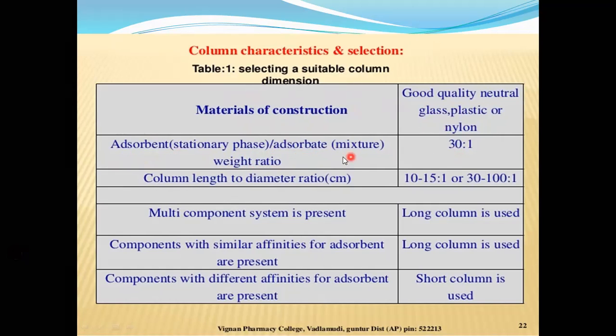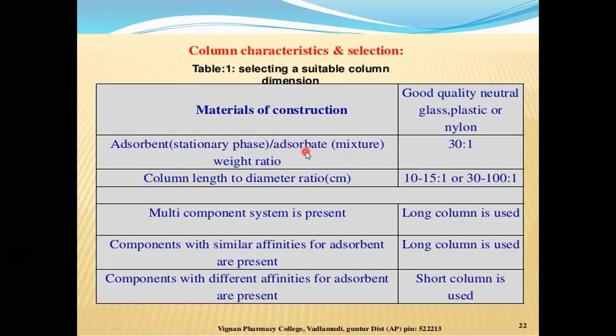So the ratio should be like this when we are using more than one adsorbent. For example, frequently we use silica gel and sand. Here the silica gel should be in 30 proportions and the sand in 1 proportion when we are using a mixture of adsorbents.